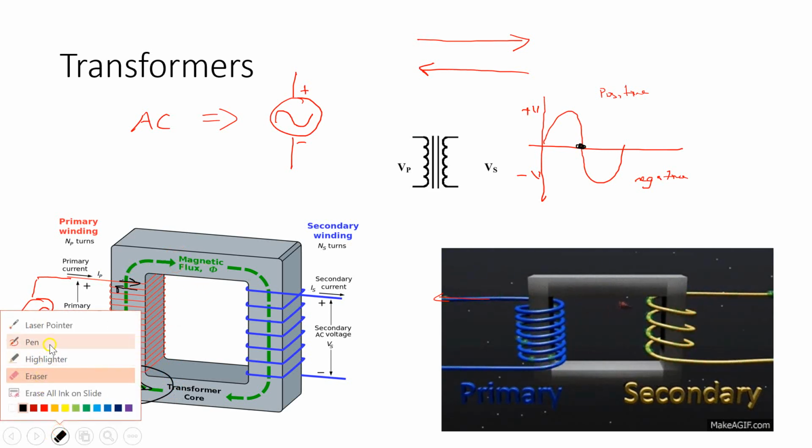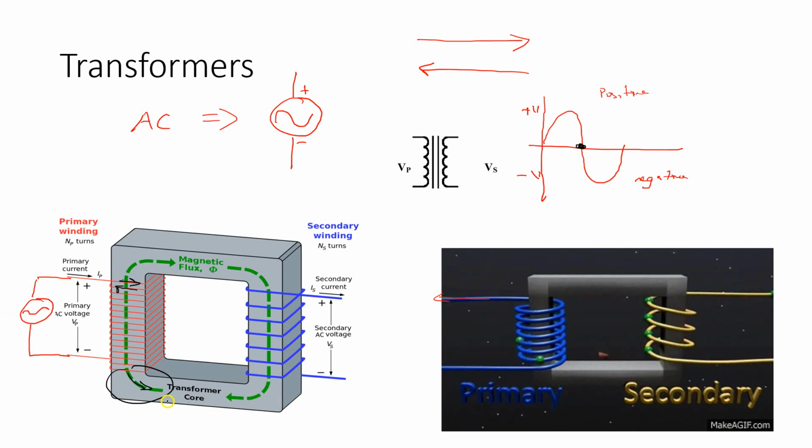And with that being said, as you can imagine, the entire iron core is going to become magnetized. And with that, the magnetic field is going to pass through these wires, right? And as it passes through these wires, it's going to allow the current over this side to also flow in the opposite direction.